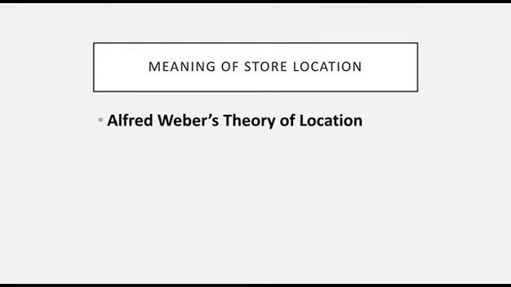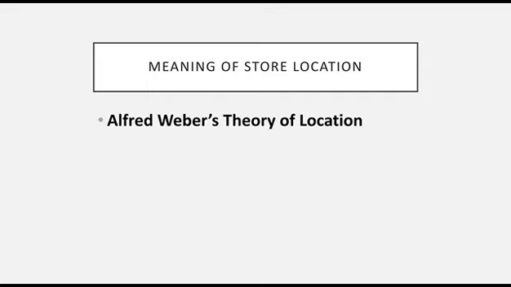Alfred Weber propounded the first systematic theory of location. As per Weber's deductive theory of location, Weber followed a purely deductive method in treatment of his theory of store's location. The theory is based on the study of general factors affecting the location.